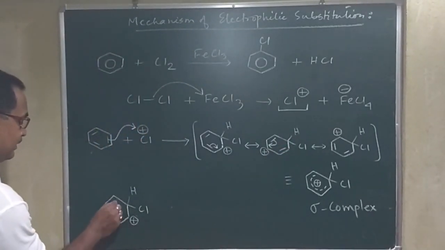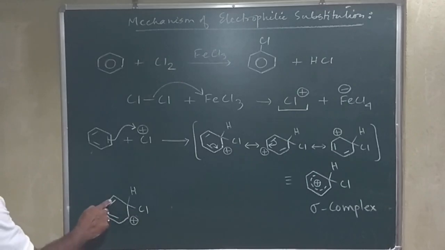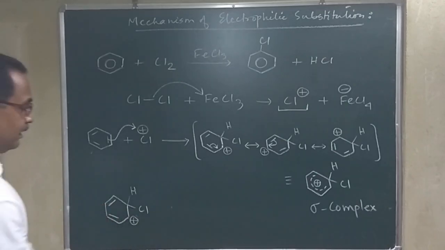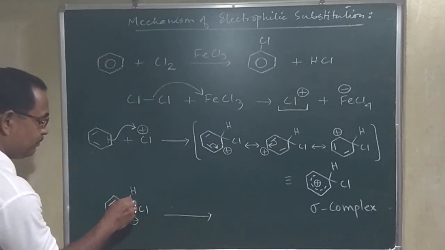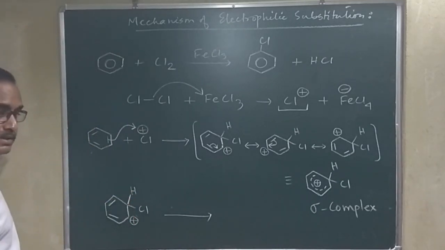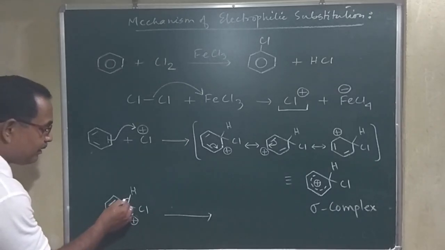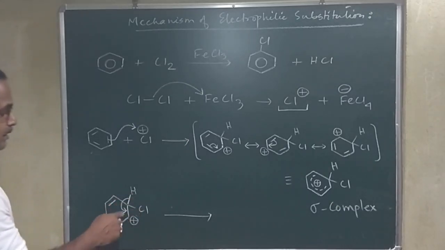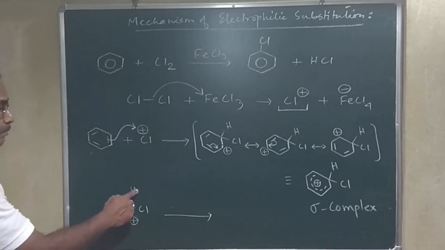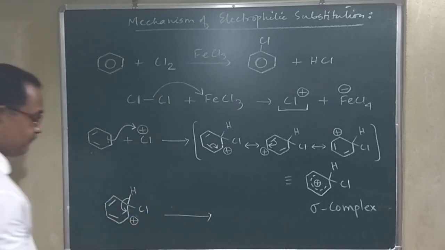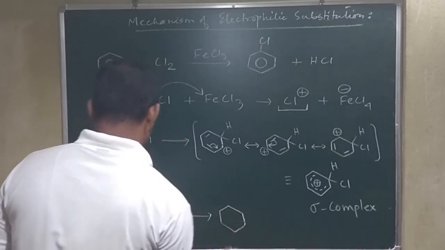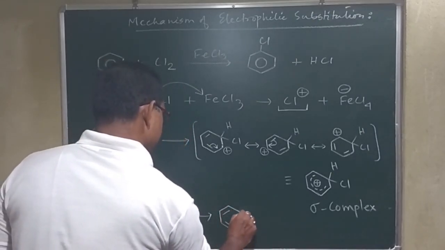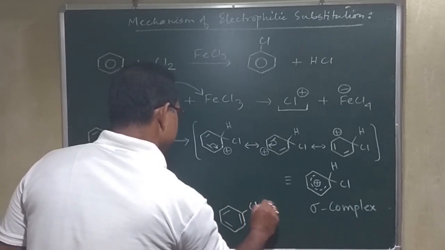So let us consider the first structure. What will happen now? This bond between carbon and hydrogen, this is a sigma bond, it will be converted to a pi bond between carbon and carbon. Proton H plus will be lost.